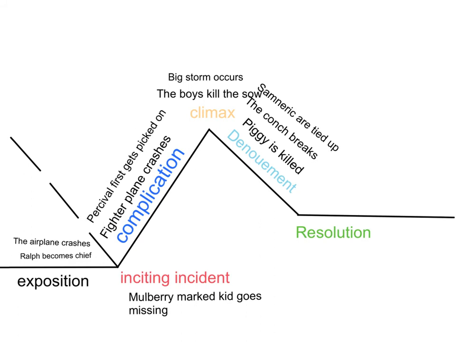You might see something about Simon being savagely murdered. And that happens in the climax. Of course, if you know the end of the story, the boys are rescued, which obviously happens in the resolution.